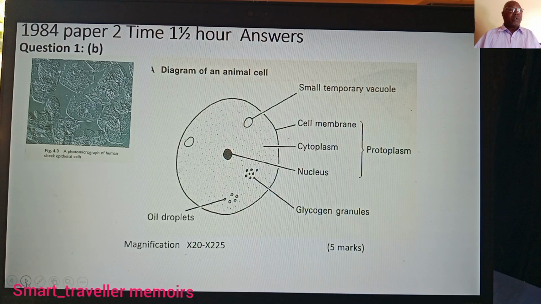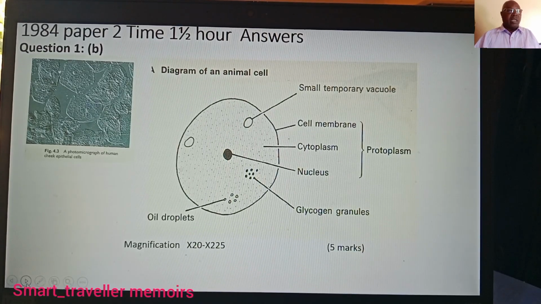Therefore the labels are small temporary vacuole, cell membrane, cytoplasm, and the nucleus. The three of them form what we call protoplasm. Then we have glycogen granules, and then we have oil droplets.